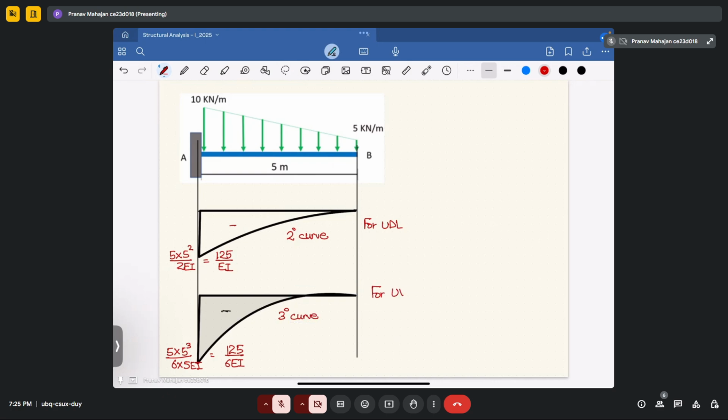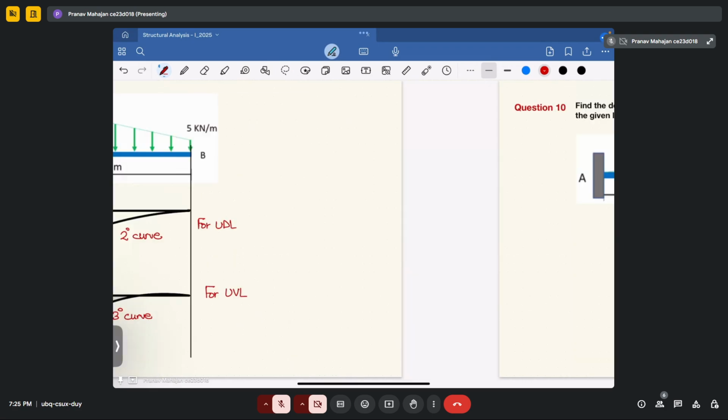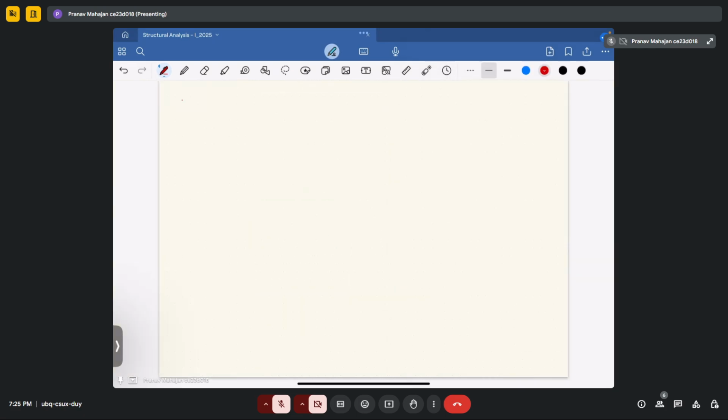So this will be your 3rd-degree curve for uniformly varying load. Now we can combine the deflection by both these curves, and then we can determine the slope as well as the deflection at point B. So your slope at point B with respect to A will be equal to slope at B minus slope at A. Your slope at A is 0.